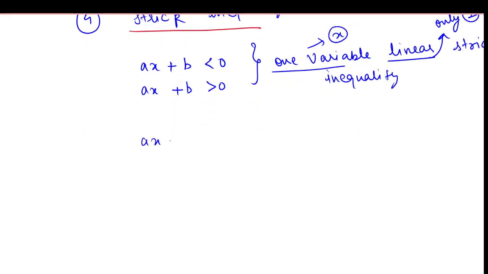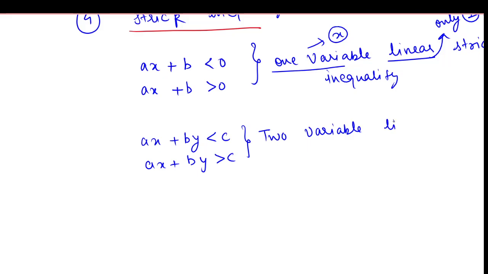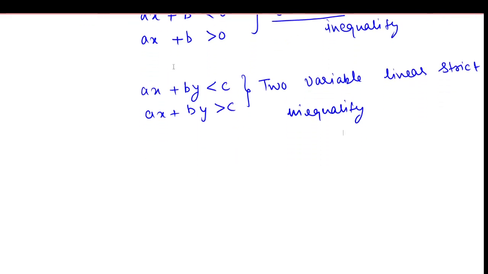Second, ax plus by less than c and ax plus by greater than c. So this is a two variable linear strict inequality. We have two variables in this, x and y, and it is linear because x has power of 1 and y has power of 1.